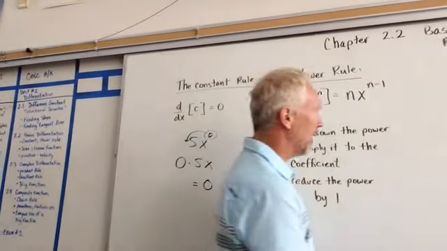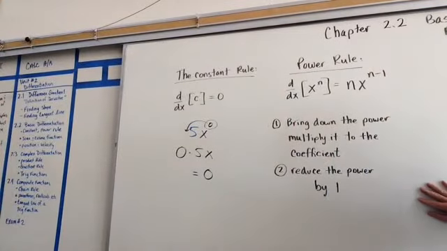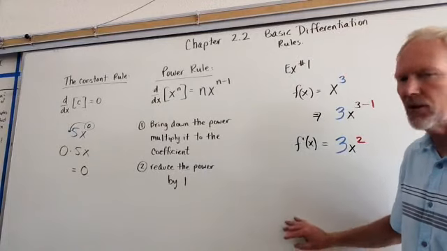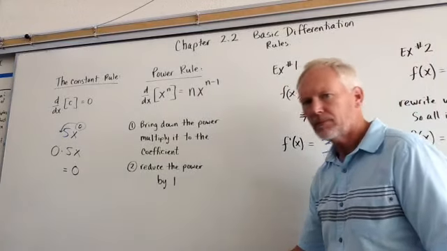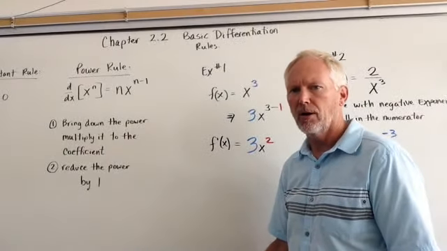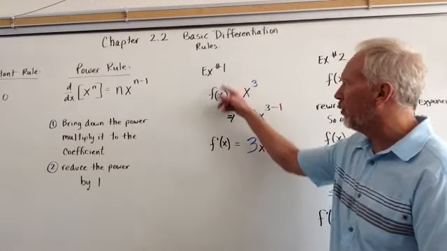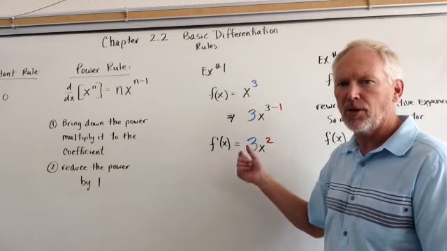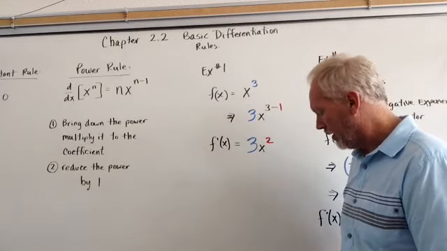All right, so let's look at some examples of the differentiation power rule a little more in depth. Here's example number 1, where f of x is equal to x cubed. I'll try to color code this so you can see where things went.